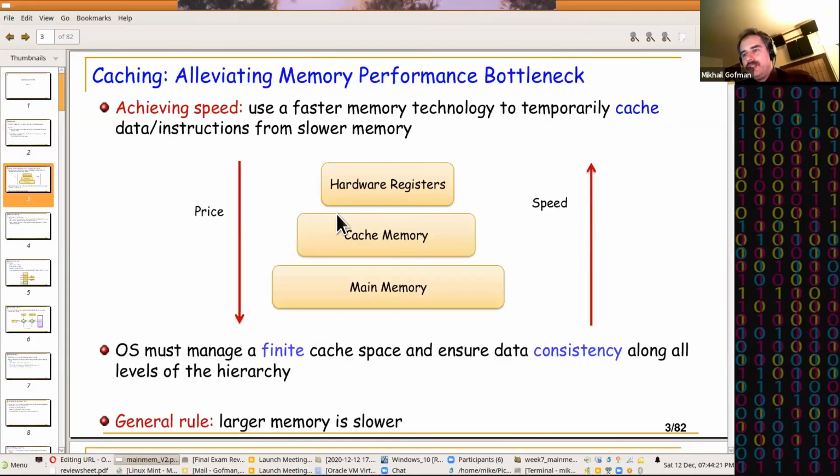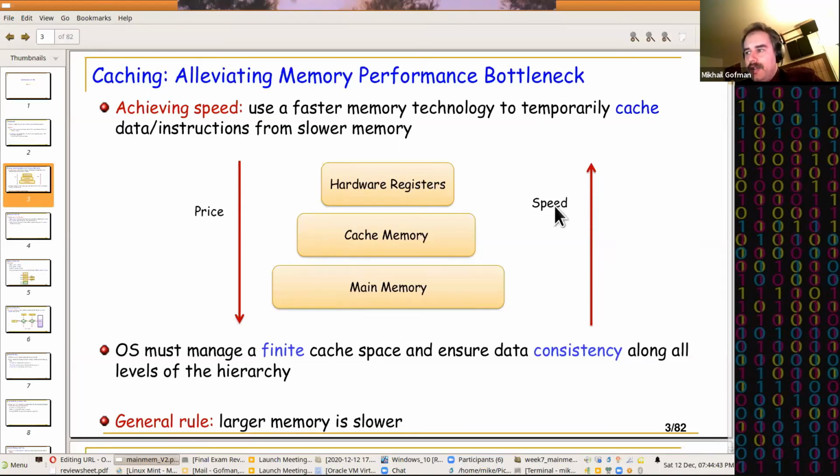So first, let's talk about speed. As we have learned before, the memory in a computer is typically organized in a hierarchy. At the bottom of the hierarchy, you have larger and slower memories, and as you move up, the speed of the memory increases and the size decreases.